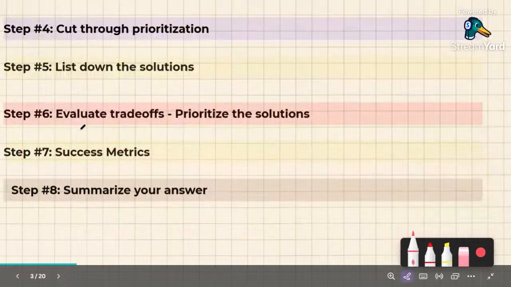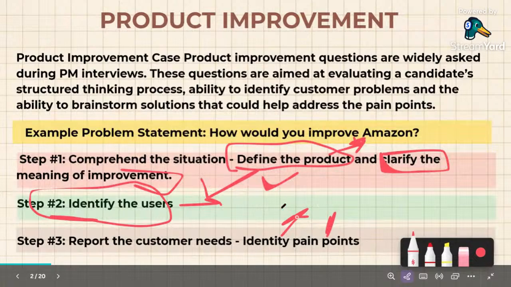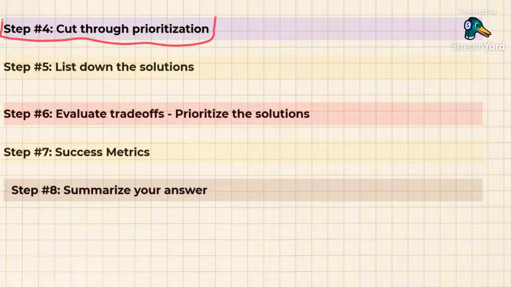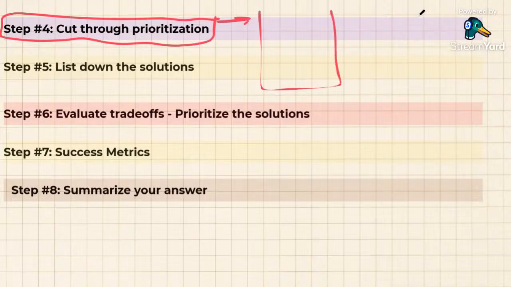Once we have understood the different sorts of consumers and their pain points, then we try to prioritize things. Because as I mentioned in the very first section on product sense, why do we need to prioritize things? A business gets multiple inputs from the business, from the consumer, from different stakeholders.